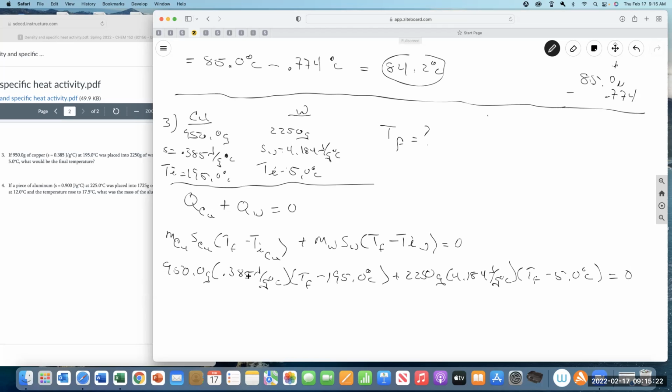All right. So just like we did before, I'm going to multiply the 950 times the 0.385. I get 3 sig figs when I do this, so I'm going to just round it, 365.8, but keeping an extra digit, joules per degree C, TF. Let's put that in parentheses just so we don't get confused.